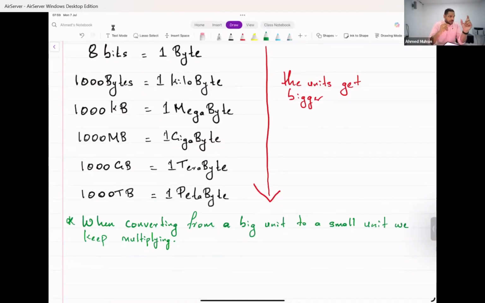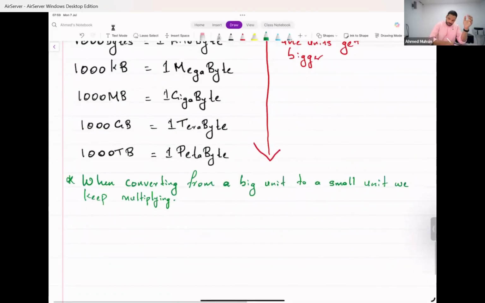We have a storage of 2 gigabytes. I want you all to give me that answer in bytes. Let me get down the question first. This is my question: 2 gigabytes, capital G, capital B. I want the answer in bytes.